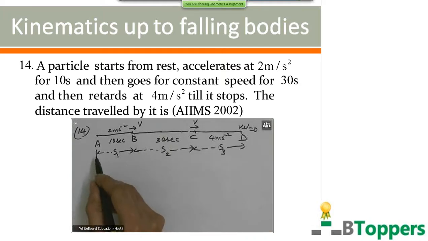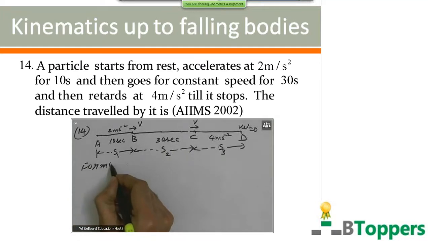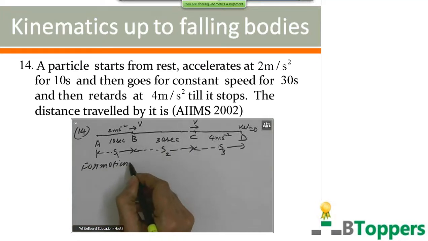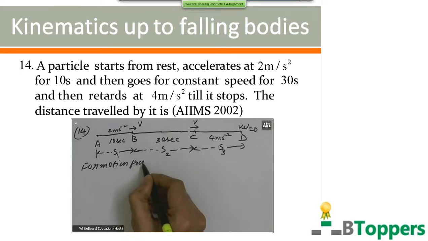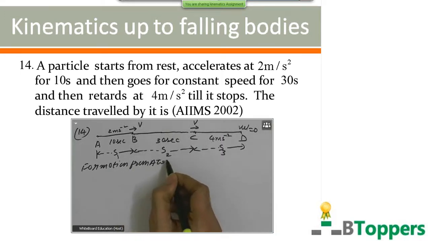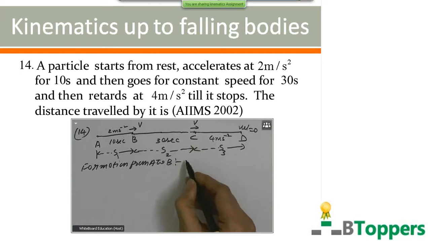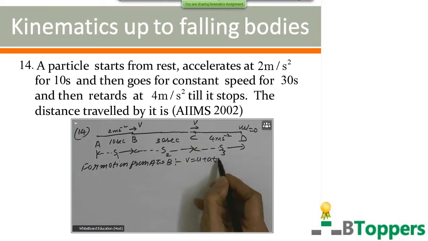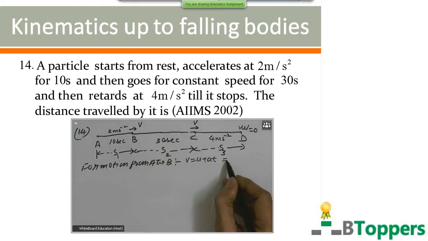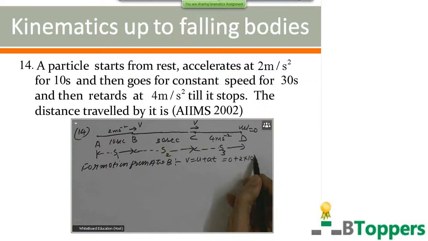So the velocity gained after the first 10 seconds, if you consider the motion from A to B, you can use the formula v equal to u plus at. The initial velocity u is 0, the acceleration is 2 meter per second square, and the time interval is 10 seconds.